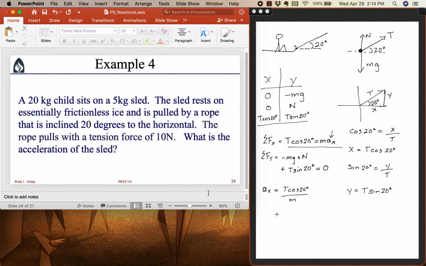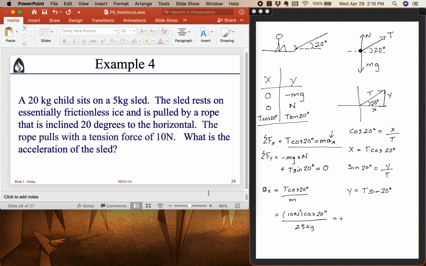So putting numbers into this expression, the tension force we said was 10 newtons times the cosine of 20 degrees divided by the mass of the child plus sled object, which would be 25 kilograms.